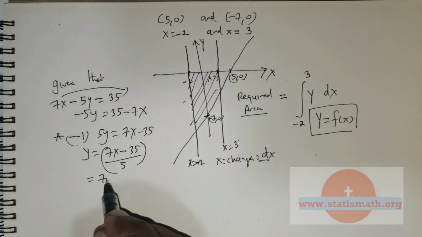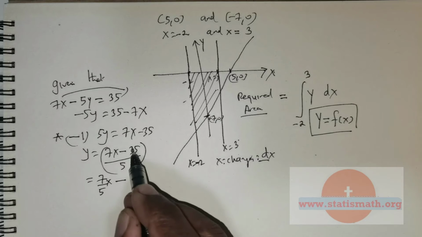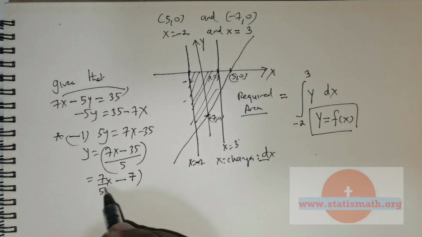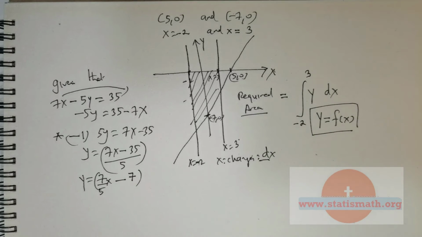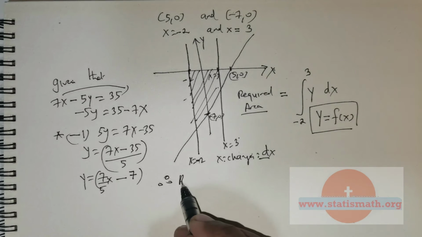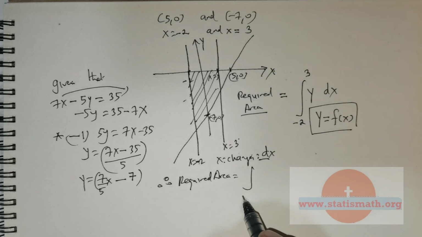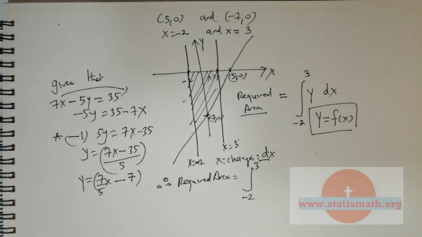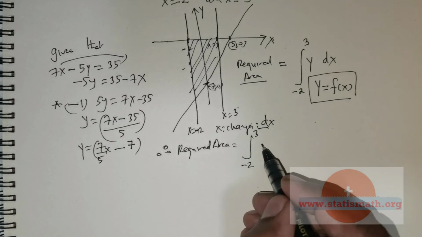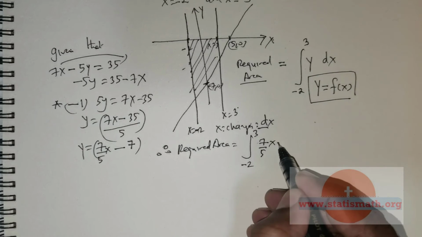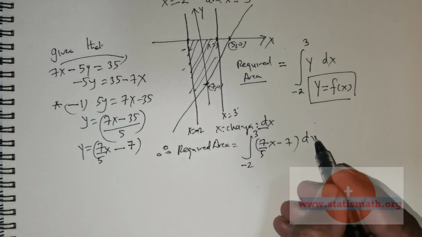I can rewrite this as 7 divided by 5 times (x - 7). I can rewrite it like this. So therefore the required area is equal to the integral from -2 to positive 3 of 7 over 5 times (x - 7) dx.